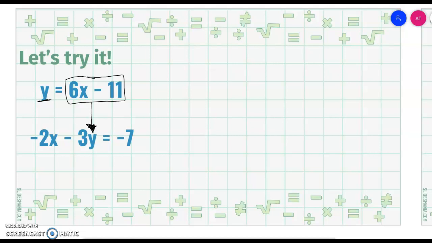Now I know what y equals, right? So I have negative 2x minus 3, parentheses, 6x minus 11, end parentheses, equals negative 7. So you'll see in a second how much easier this is.